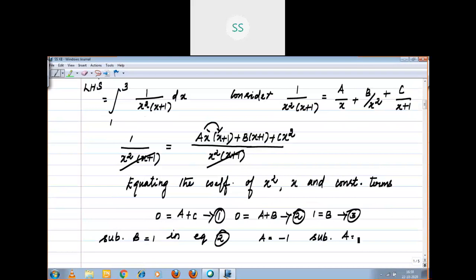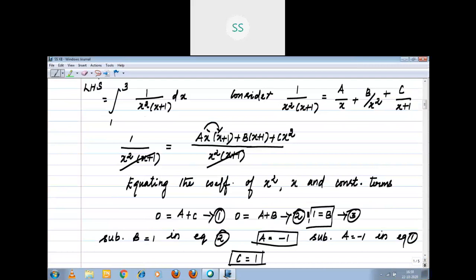Then substitute a equals minus 1 in equation 1, you arrive at c equals 1. Got it, children? c equals 1, a equals minus 1, b equals 1. Now we are going to replace a, b, c with numerical values. After that we can integrate easily.